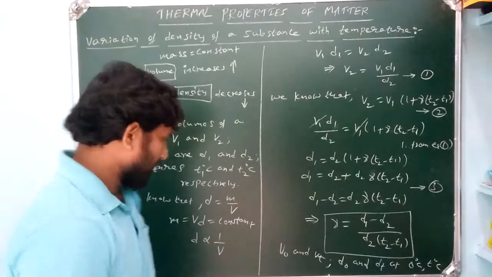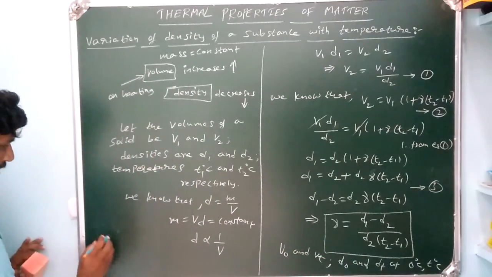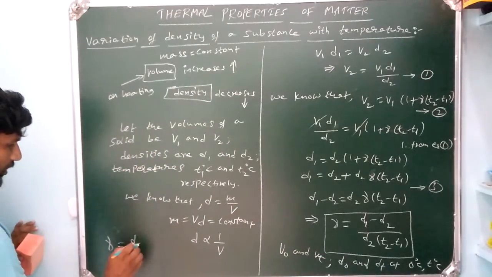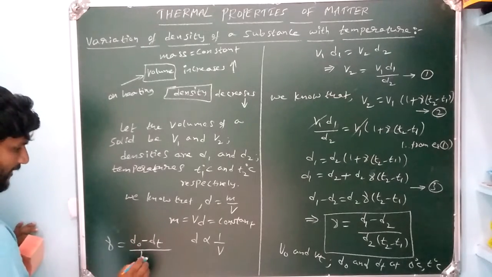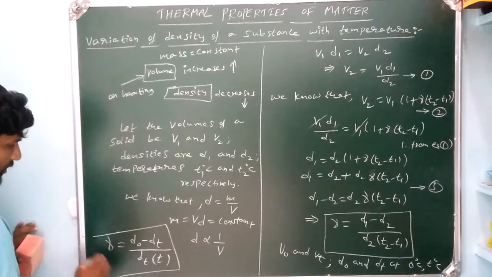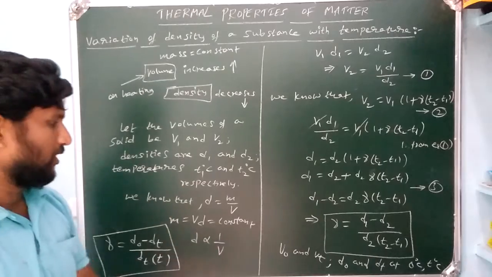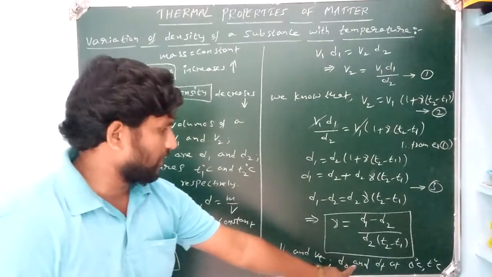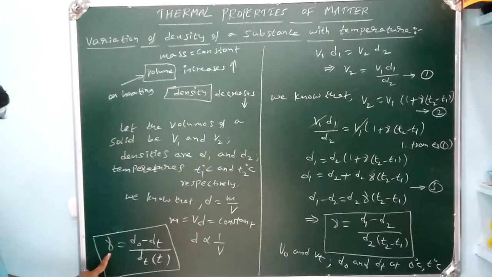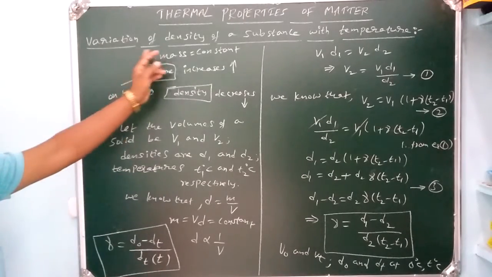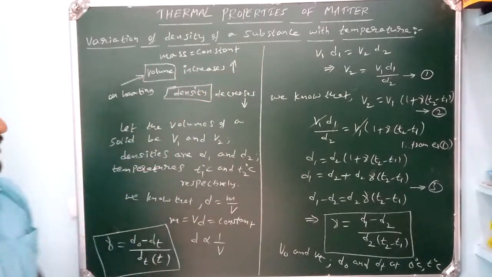Now this formula can be changed: gamma is equal to D0 minus Dt by Dt into T minus 0, that is T. Therefore gamma equals D0 minus Dt by Dt into T. This is the variation of density of a substance with temperature.